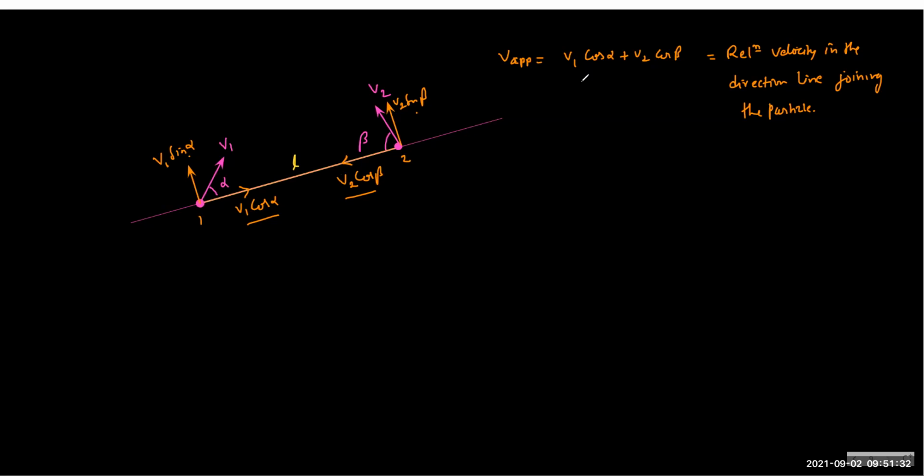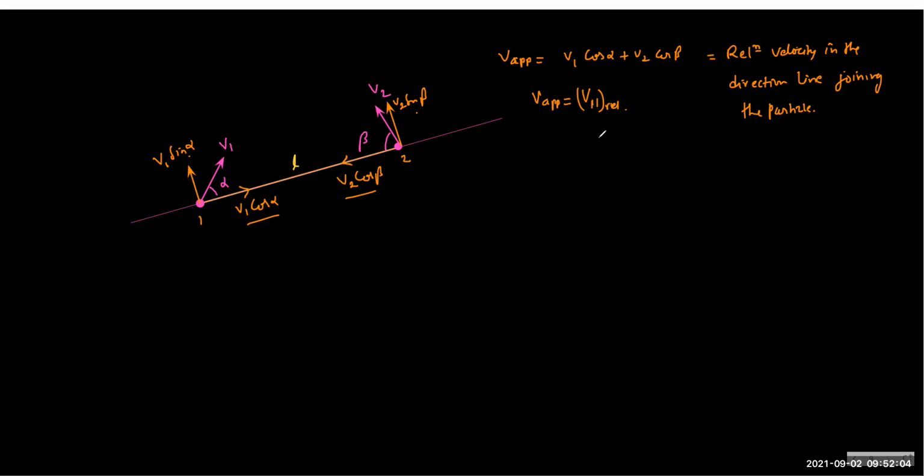So the V approach is this much. So also it is V parallel relative. So now there is a difference. We are taking the relative velocity of components, not the velocities, right? So what matters here is the relative velocity of components along the line joining the particles at an instant, which will give you the V approach.